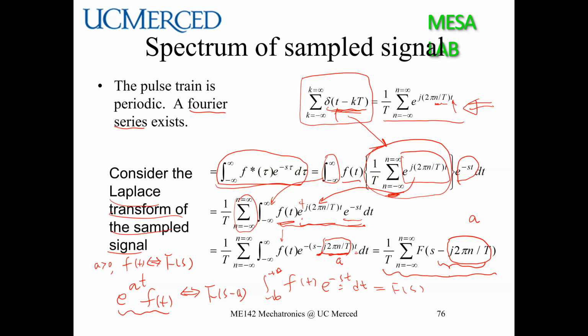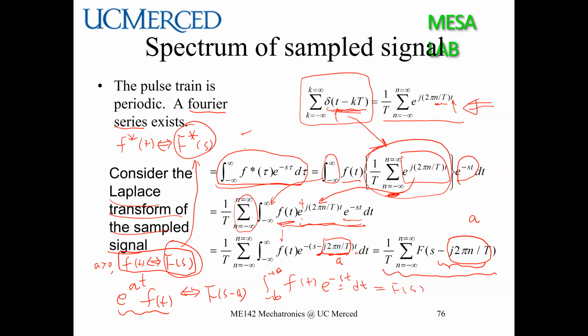Let me do this. So I said f(t) and F(s) is a Laplace transformation pair. We also did f star(t) and F star(s) as a Laplace transformation pair. So my question is, how is F(s) linked to F star?